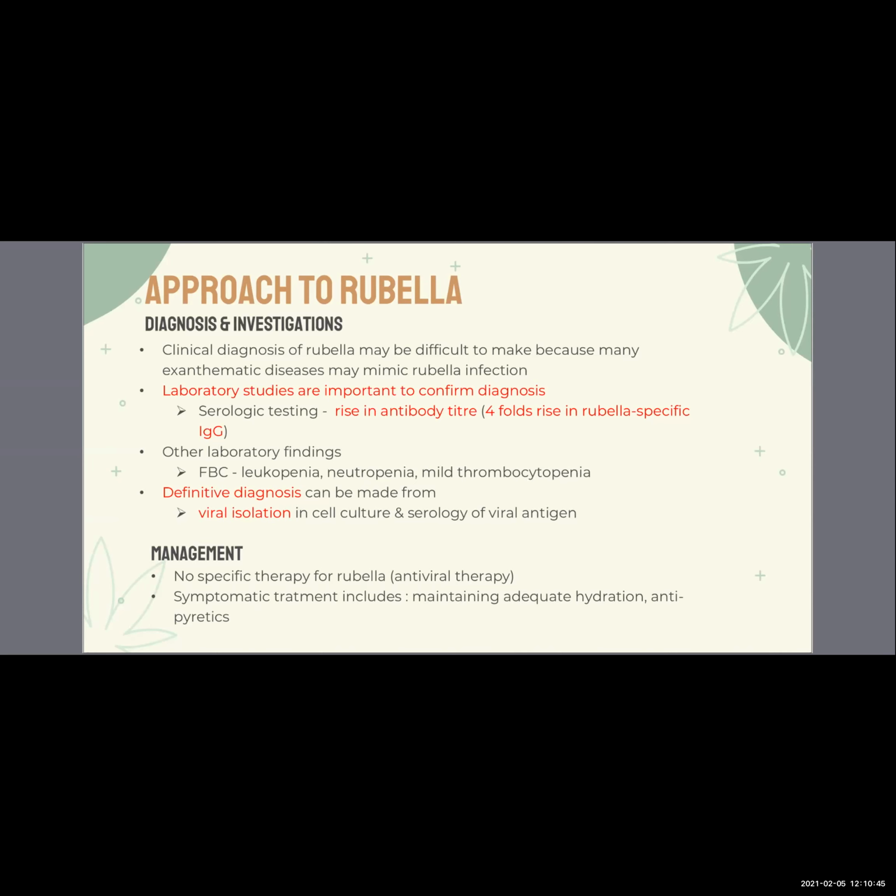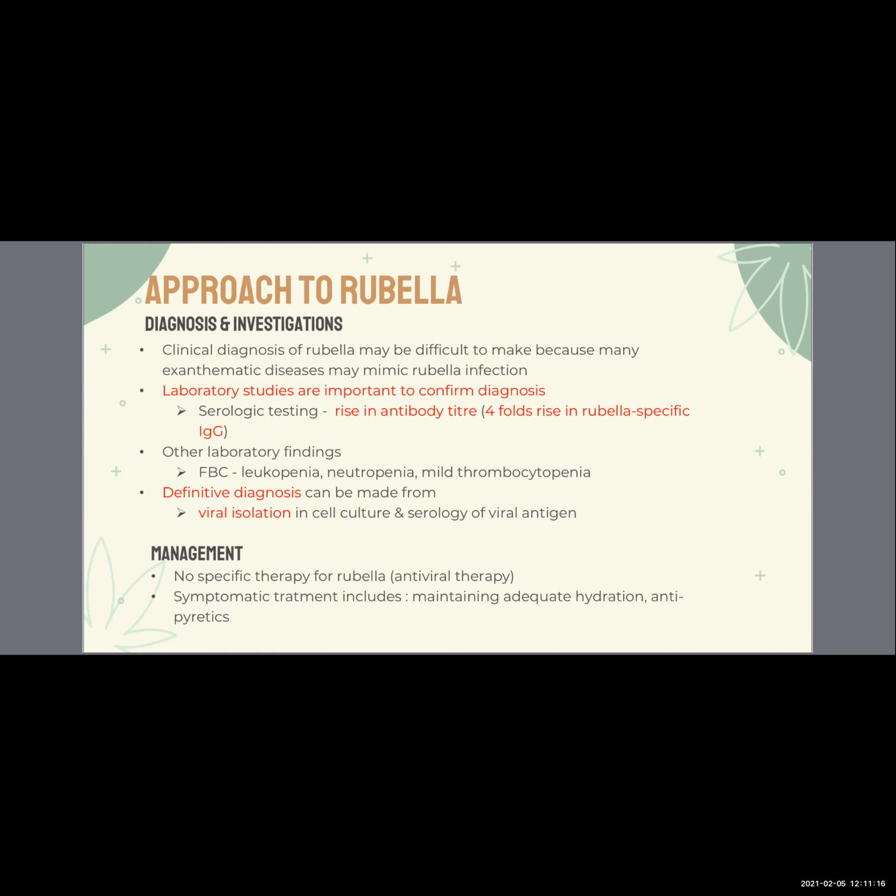To confirm rubella virus, we need laboratory studies such as serologic testing, where there is a 4-fold rise in antibody titer of rubella-specific IgG. Other laboratory findings would include leukopenia, neutropenia, and mild thrombocytopenia. Definitive diagnosis can also be made from viral isolation in cell culture and serology of viral antigen.